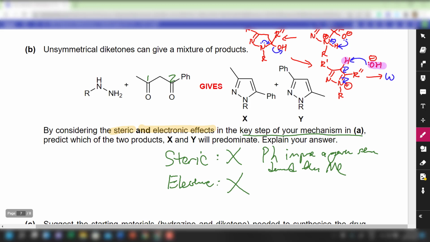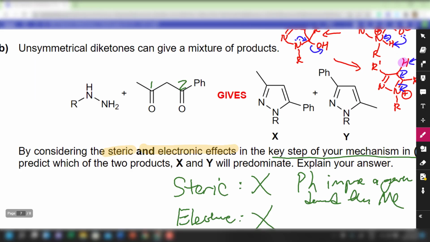So the carbonyl carbon is electron deficient, and therefore it is susceptible to nucleophilic attack. But right now, both carbon 1 and 2 are carbonyl carbons. So I think the decision we have to make is which of the two carbonyl carbons is more electron deficient. If we can answer that, then I think the answer is obvious. Now, if you take a look at carbonyl carbon 1, right?